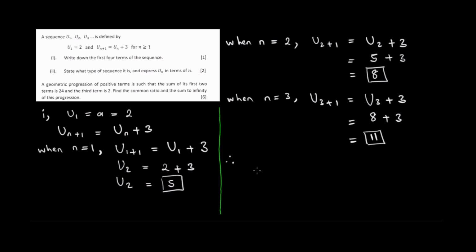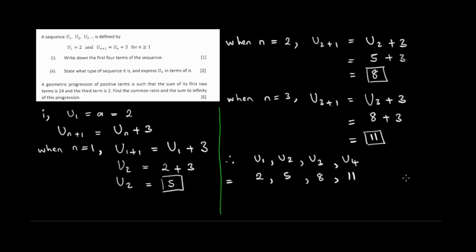Therefore u1, u2, u3, u4 is equal to, starting with the first term which is 2, so 2, 5, 8, 11. That is going to be our final answer. That is where we find the 1 mark. Write down the first 4 terms of the sequence. We write down 2, 5, 8, 11.